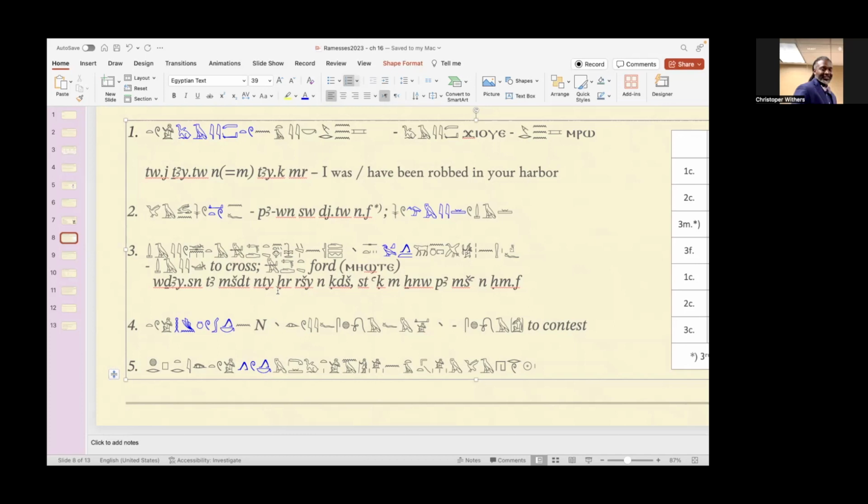Well, and then the ford. So it says the ford in the river. It's just the ford, basically, but it would be in a body of water. Okay, which was in the south of Kadesh. That's right. That's right.